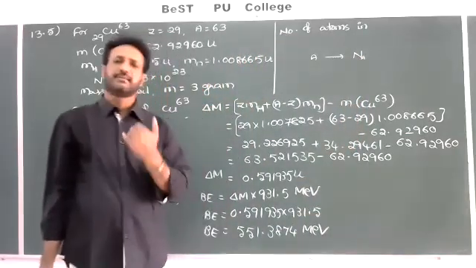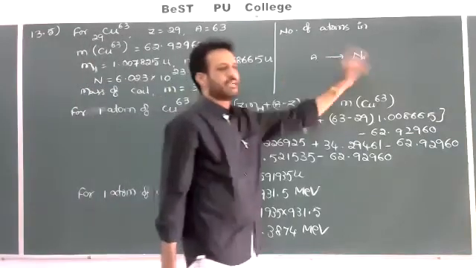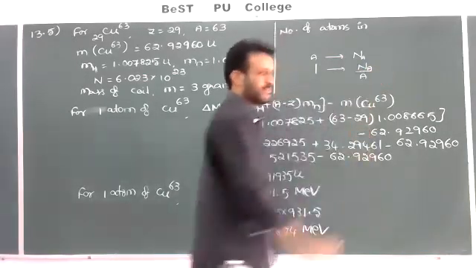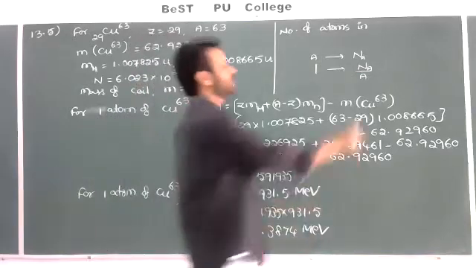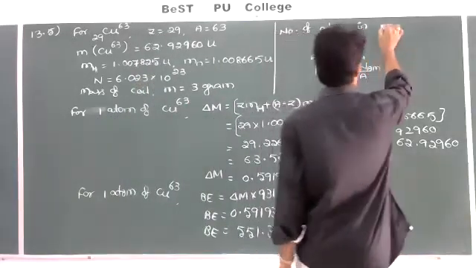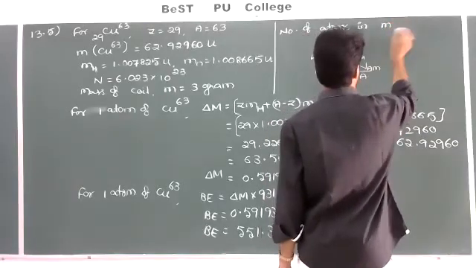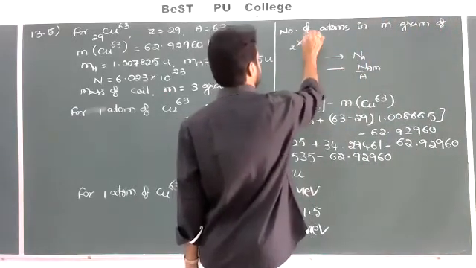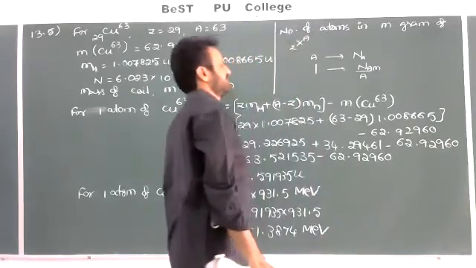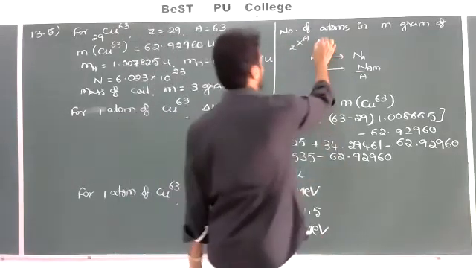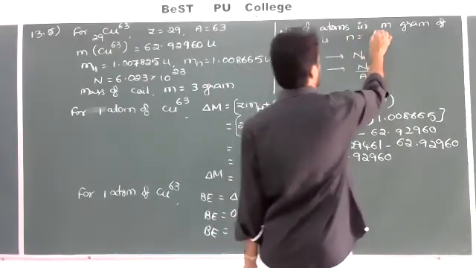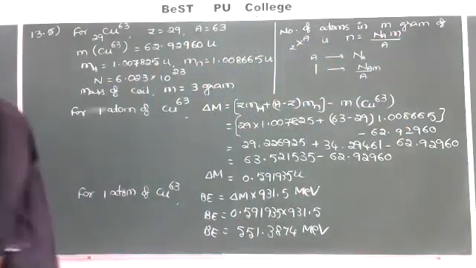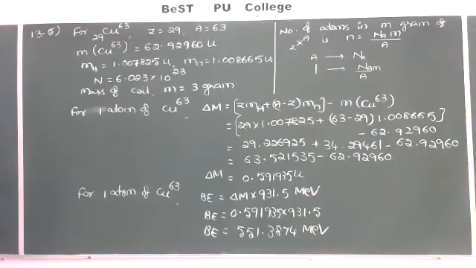So one gram contains the Avogadro number divided by the mass number, and m grams contains that multiplied by m. So the number of atoms in m grams of XZA is N is equal to the Avogadro number into the mass of the sample by the mass number. We should use this formula.